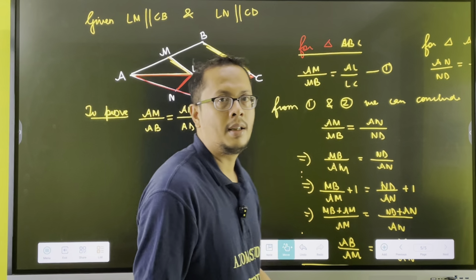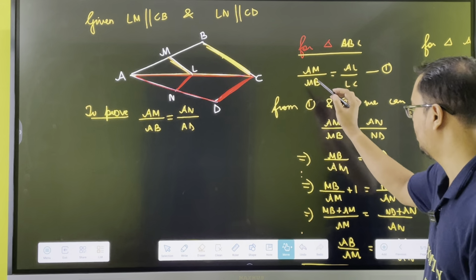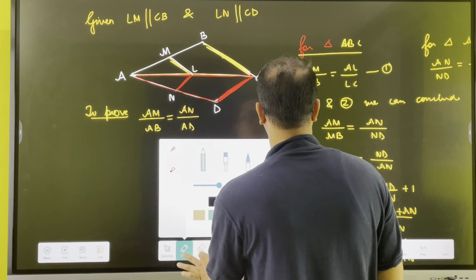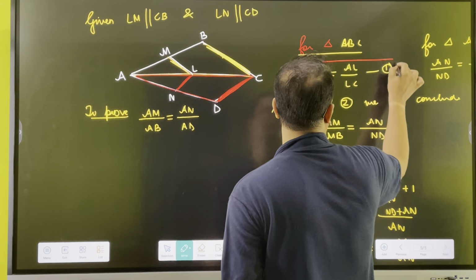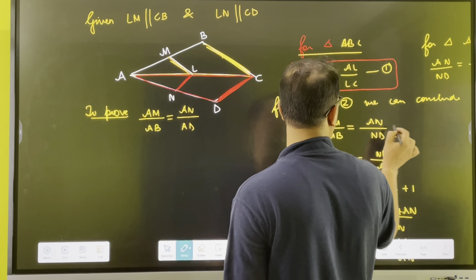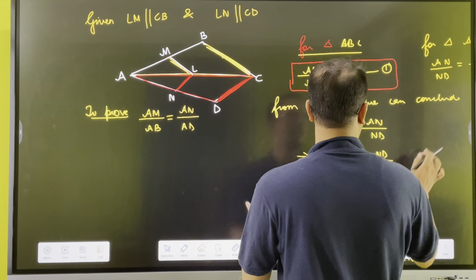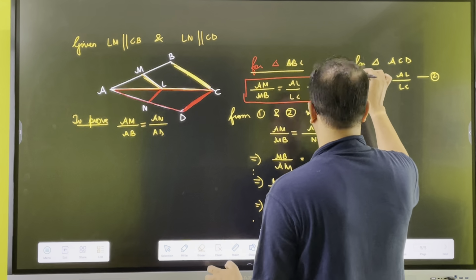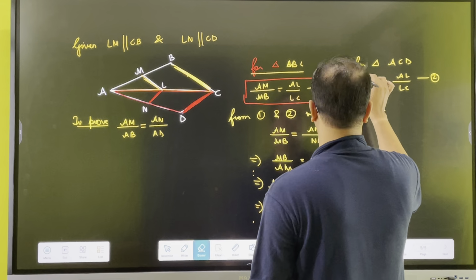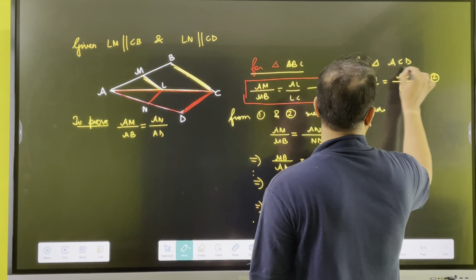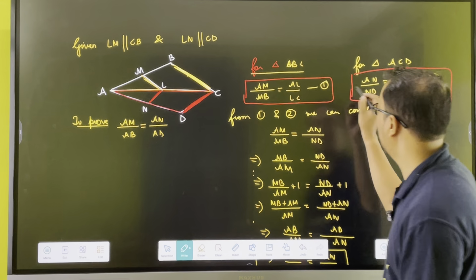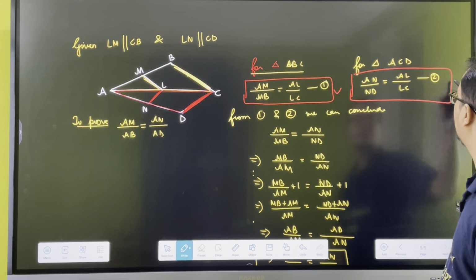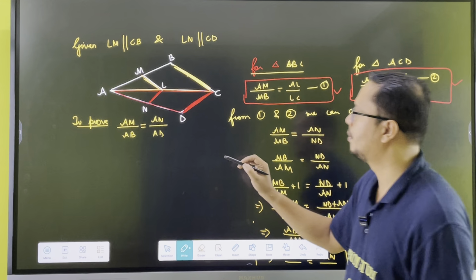So we apply the theorem and we get this particular equation 1 and equation 2. So this forms the basis for our proof.